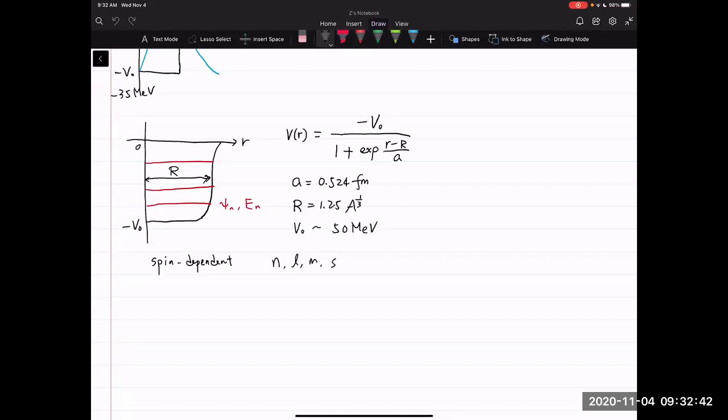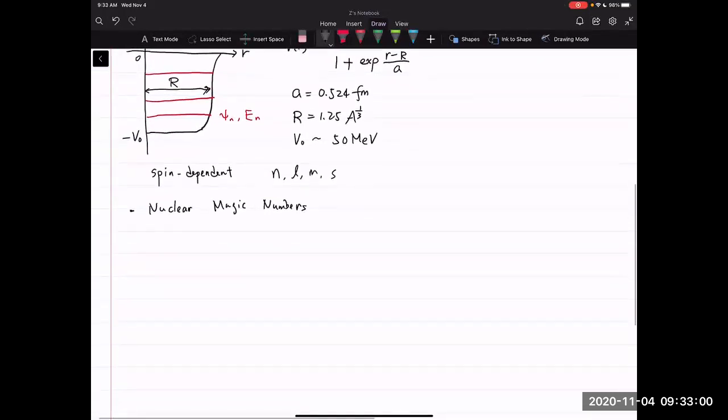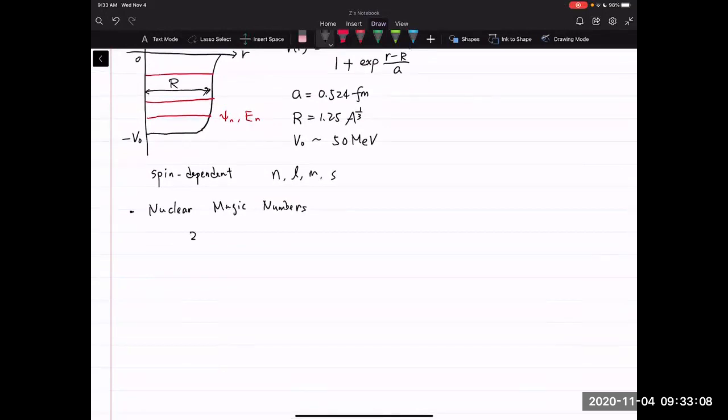So in nuclear physics, we also have a set of magic numbers, nuclear magic numbers. These magic numbers are very similar to the atomic magic numbers. Like the first one is 2. You only consider the ground state.